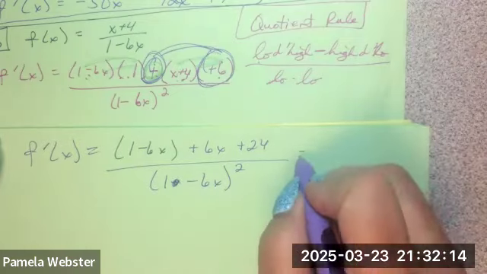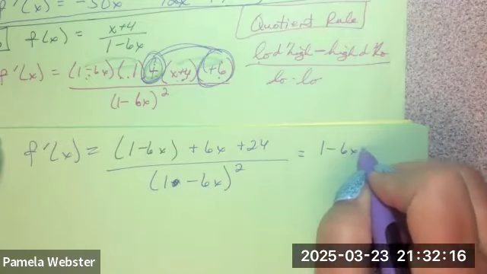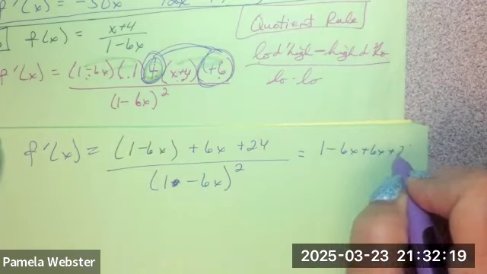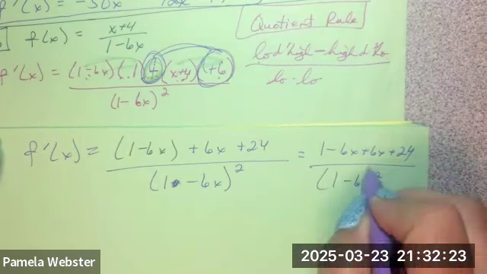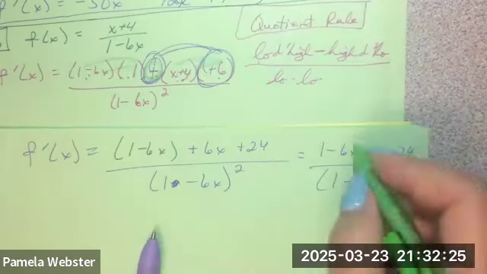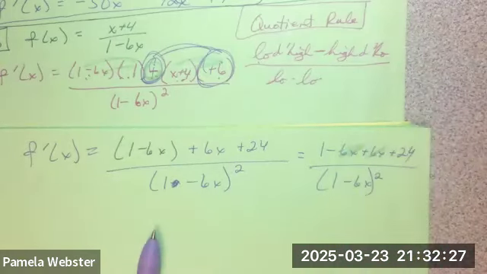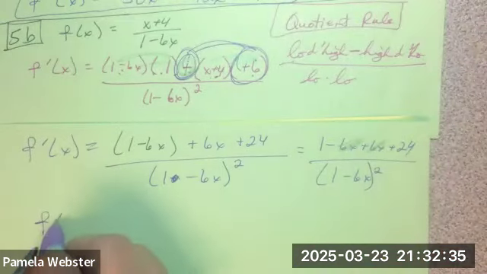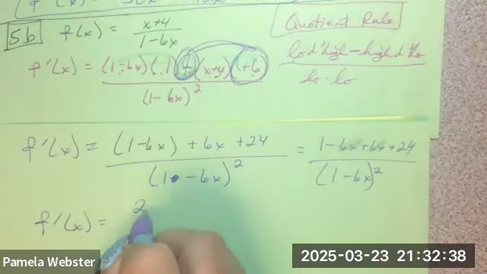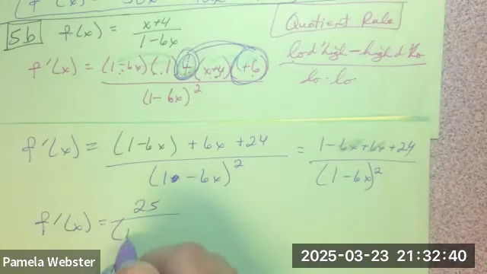And then one more step here. 1 minus 6x plus 6x plus 24. Hey, look at that. The 6x's on the top will indeed go away, a negative 6x and a positive 6x. So I've got 1 plus 24, and I think that is 25 on top, over 1 minus 6x squared.